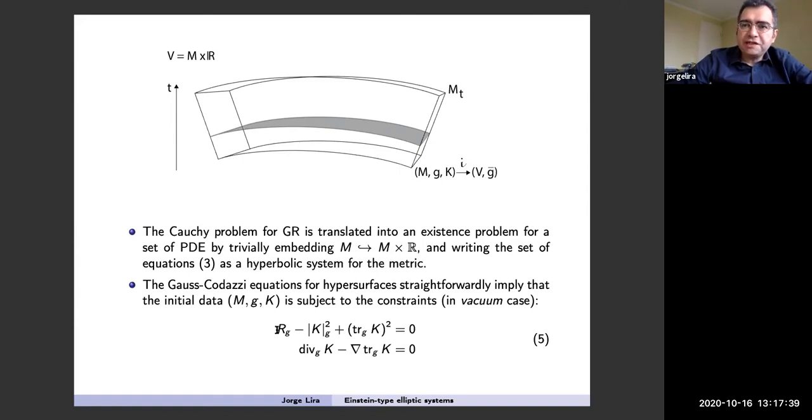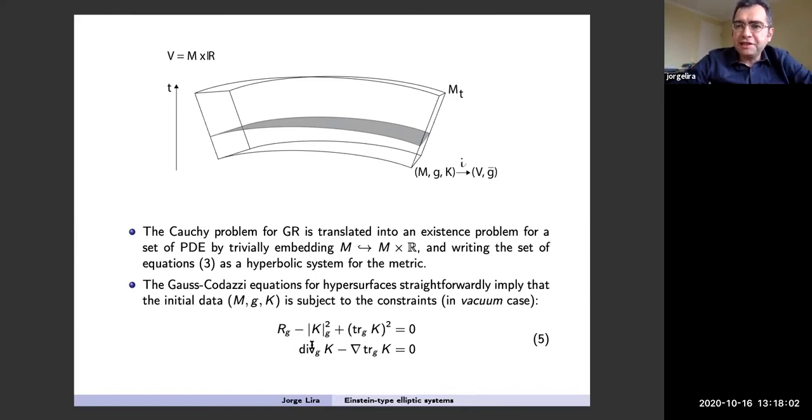The first one says that the scalar curvature of the intrinsic metric is related in some nonlinear way to the second fundamental form. So this K squared is the A squared in our notation as geometers. You use A most of the time instead of K. So K is the extrinsic curvature or the second fundamental form.